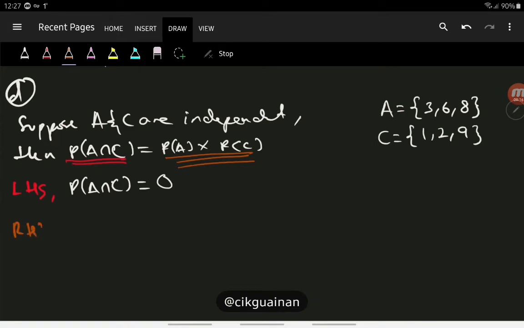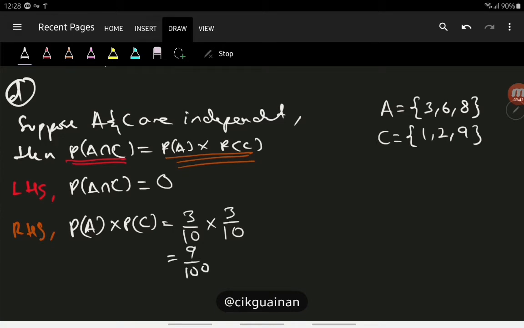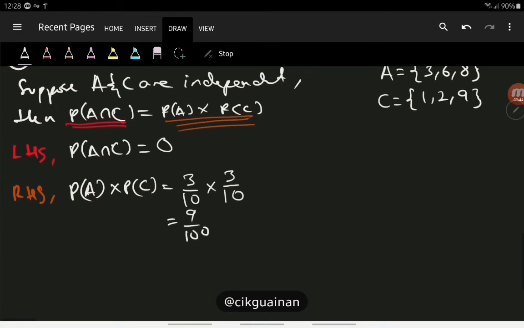And then the right hand side, P(A) multiply P(C) equals, P(A) is 3 over 10 multiply another 3 over 10. Same also. So for this one it's 9 over 100. So again, they are not the same.